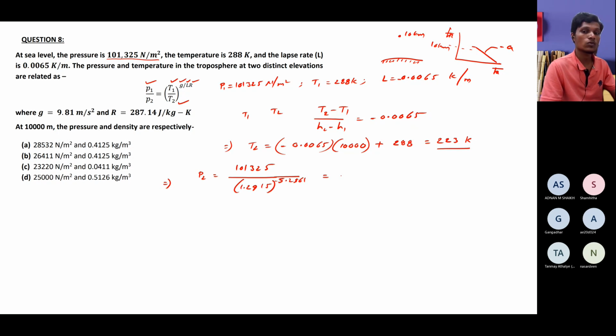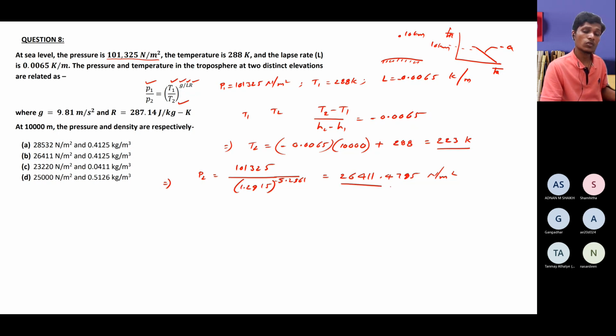You get P2 as a reduced value, 26,411.4795 Newton per meter square.